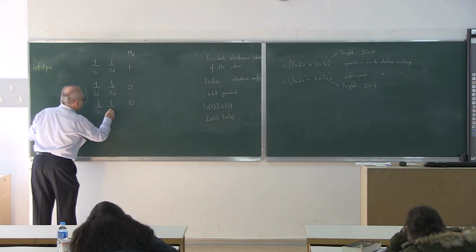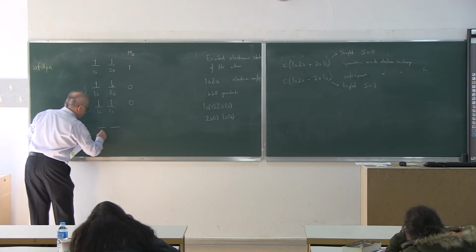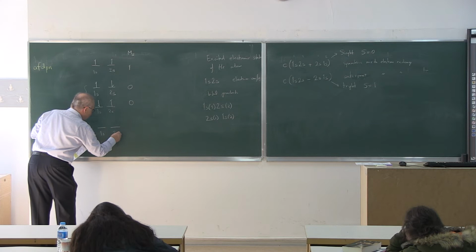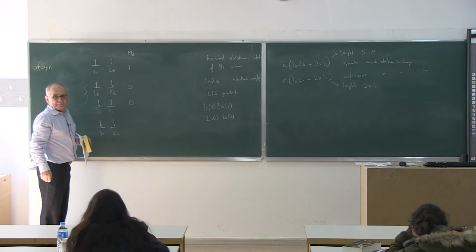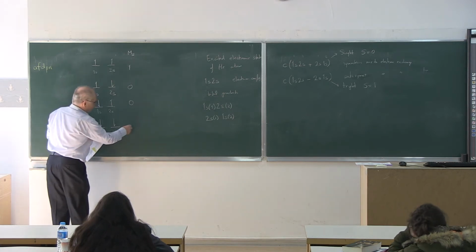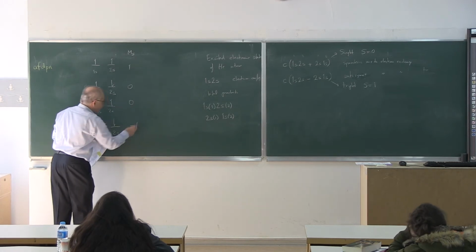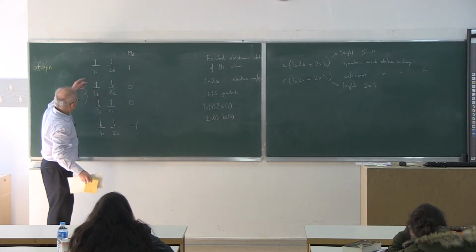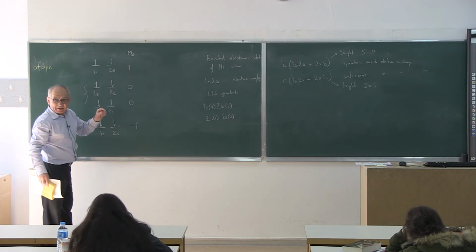This is 1s, 2s. We also have both electrons with down spin. In this case, what is the total ms? Minus 1. So you see that there are 1, 2, 3, 4 spin diagrams.